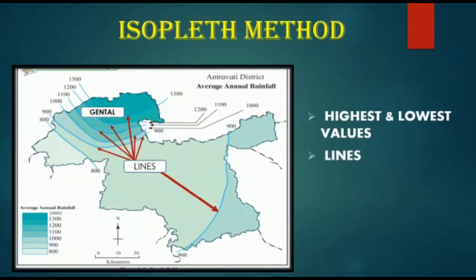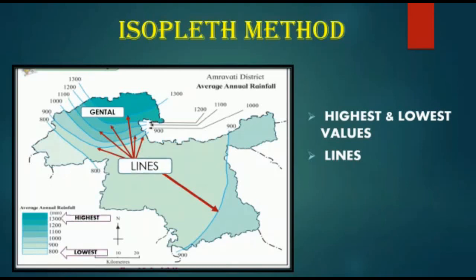If the data for more places is available, mapping of the distribution can be done more accurately on the basis of the information. The isopleth method map is prepared using steps such as highest and lowest values and lines.